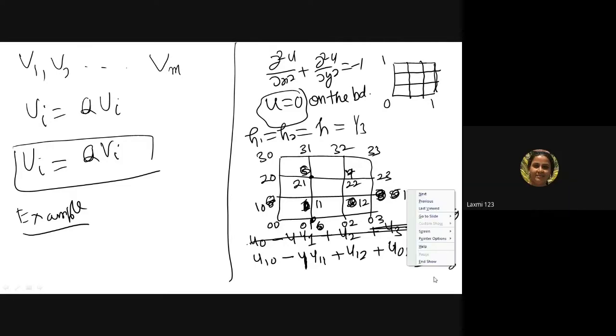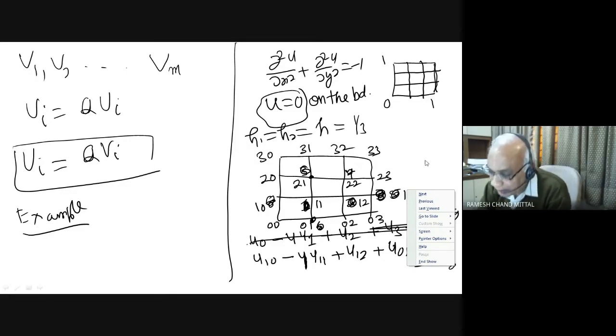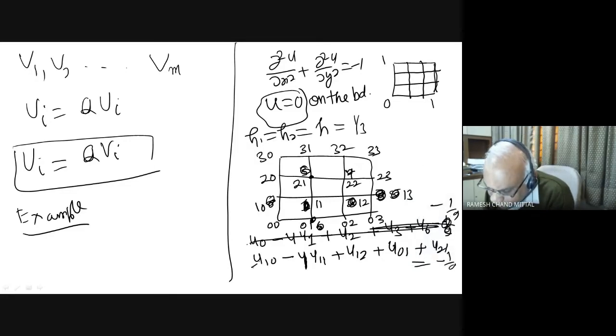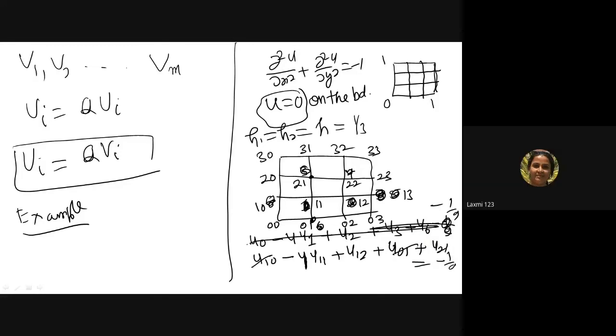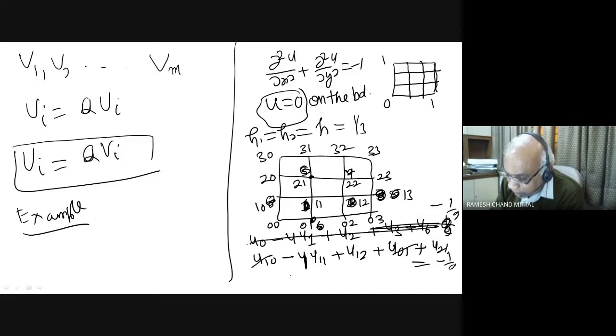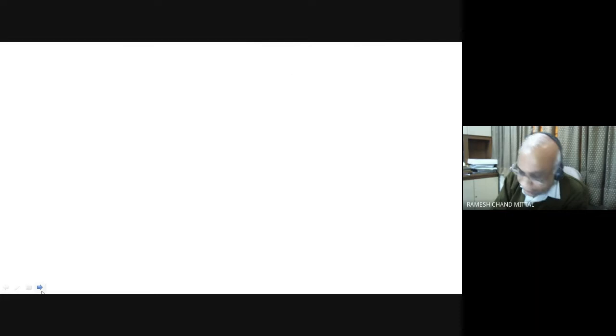Now, u10 will be 0 because of the boundary, everyone understands that. And u01 is 0 also because of the boundary. So my first equation will be minus 4 u11 plus u12 plus u21 is equal to minus 1 upon 9.